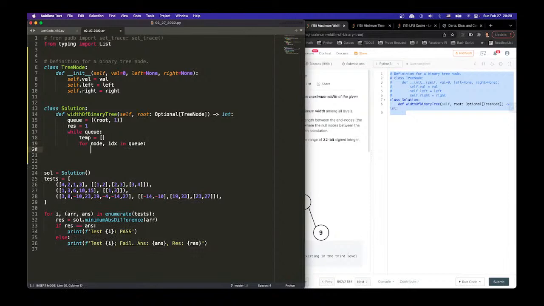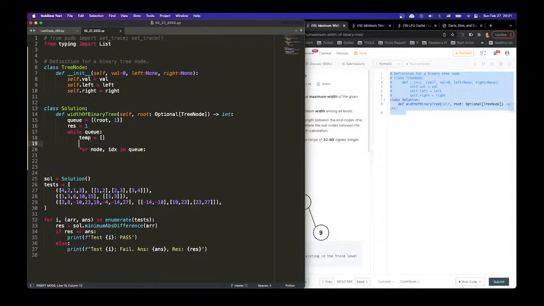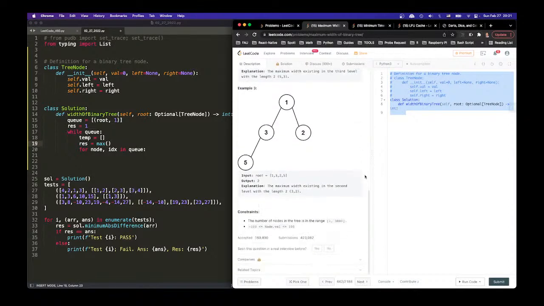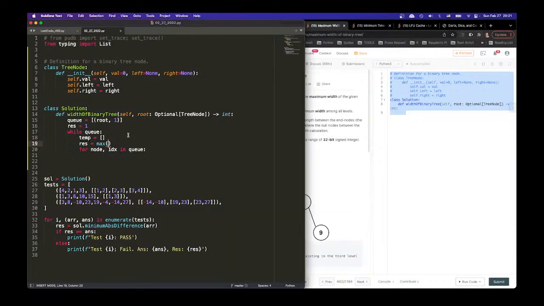And then we say, actually no, we should first compute the maximum. So we say res equals to max. Oh, hold on a sec. Number of nodes is 1 to 3,000. Okay, so 1 is fine.